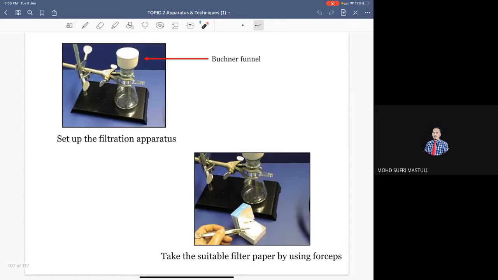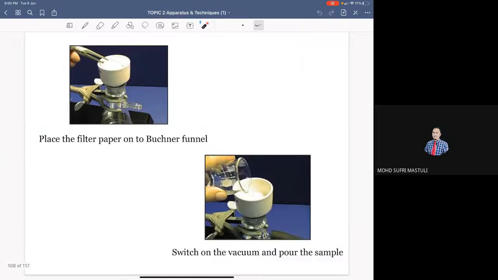This slide will show you how to set up the vacuum filtration. First, set up the filtration apparatus. We have a special conical flask for vacuum filtration and a Buchner funnel, and then we put the suitable filter paper, take it using tweezers, and place it on the funnel.